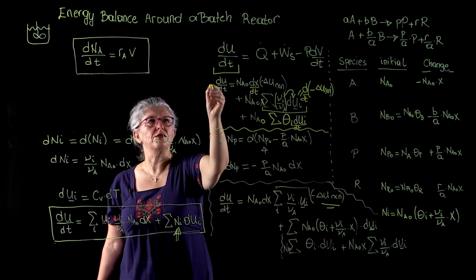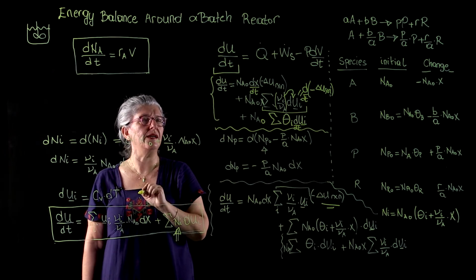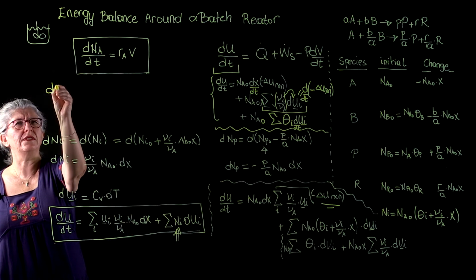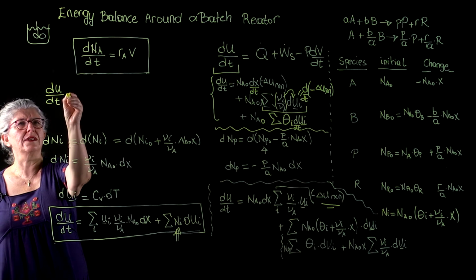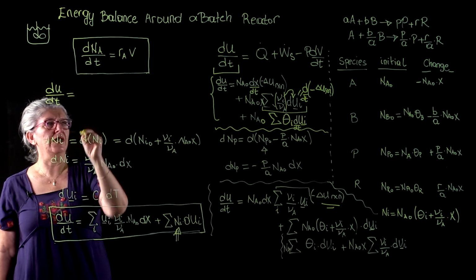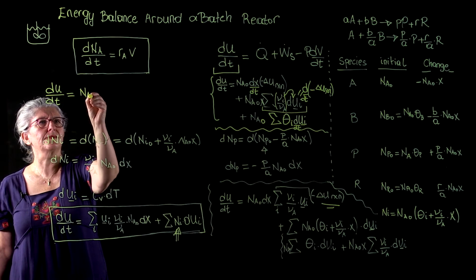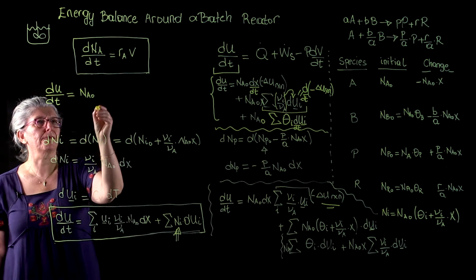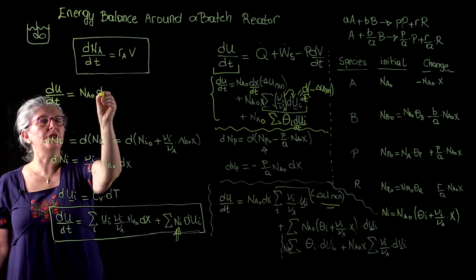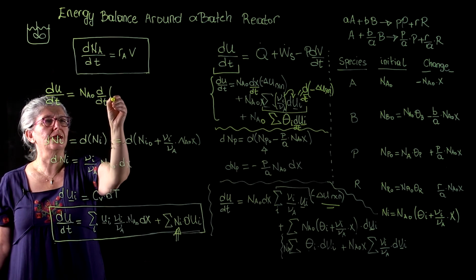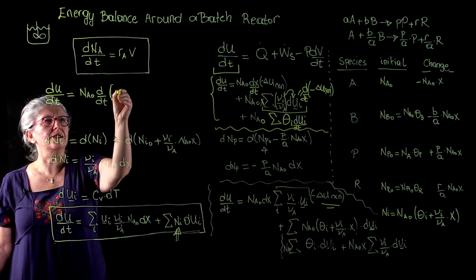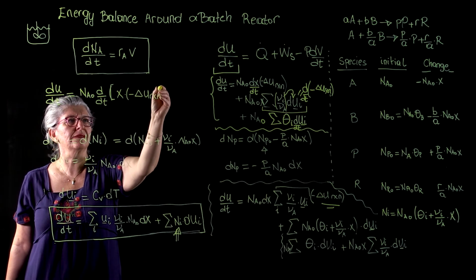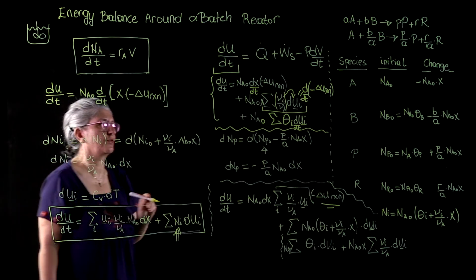All right? So this crowded domain looks like this. du over dt is equal to Na0 d over dt x times minus delta U reaction. I have combined these two terms.